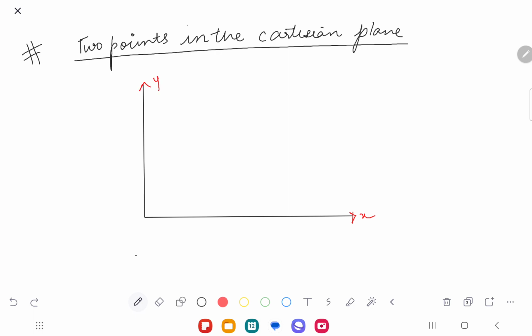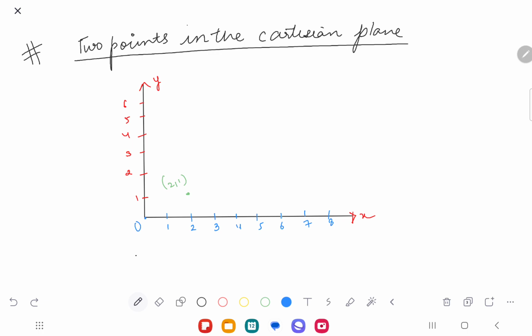Let me mark the points: this is 0, 1, 2, 3, 4, 5, 6, 7, 8, and on the other axis 1, 2, 3, 4, 5, 6. Now let us suppose I am at the point 1 comma 2 comma 1.